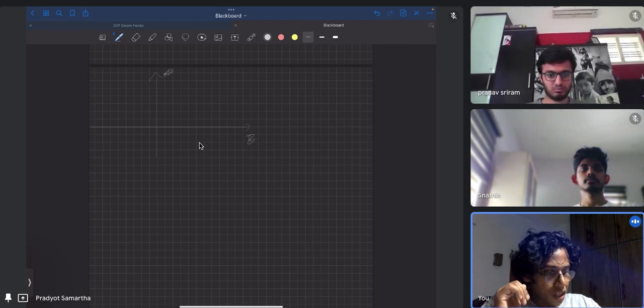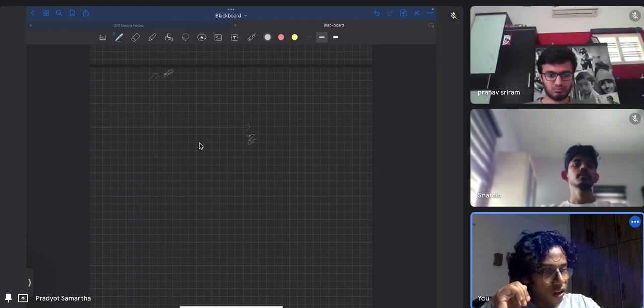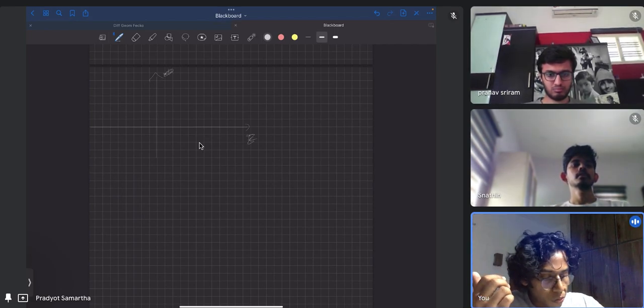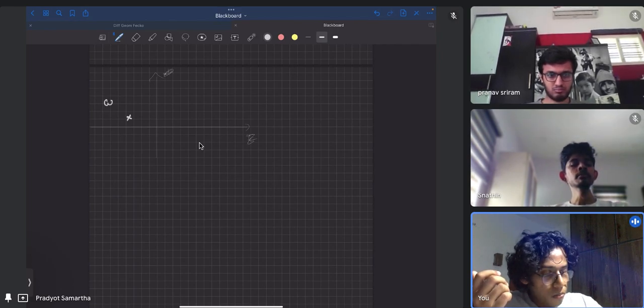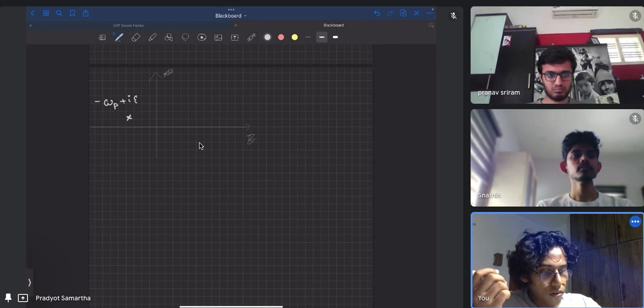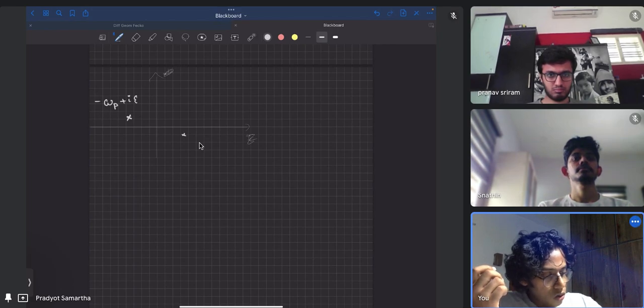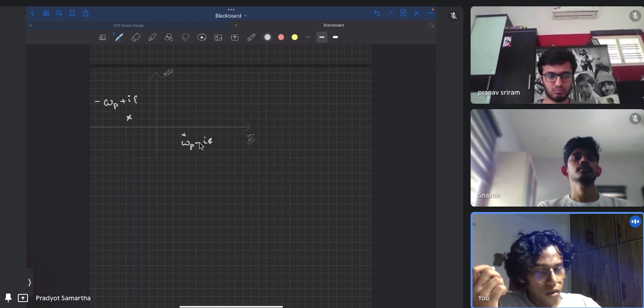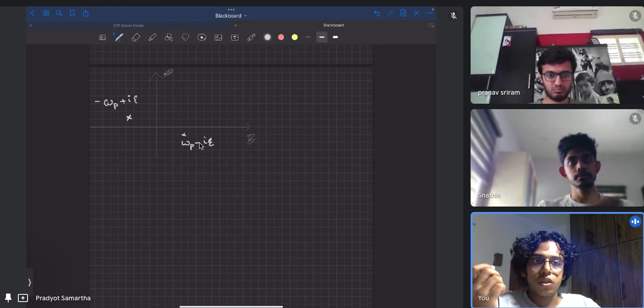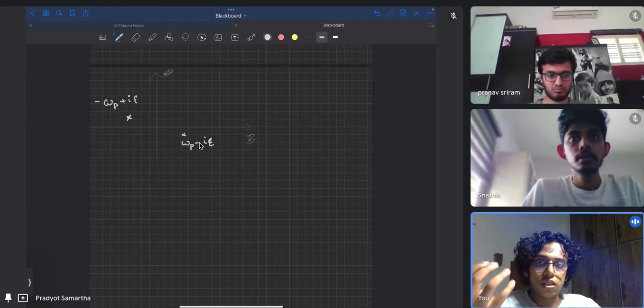In the complex plane you have two singularities when you look at the Feynman propagator. One was at omega p plus i epsilon, and your other singularity was at omega p minus i epsilon. So these were your two singular points.